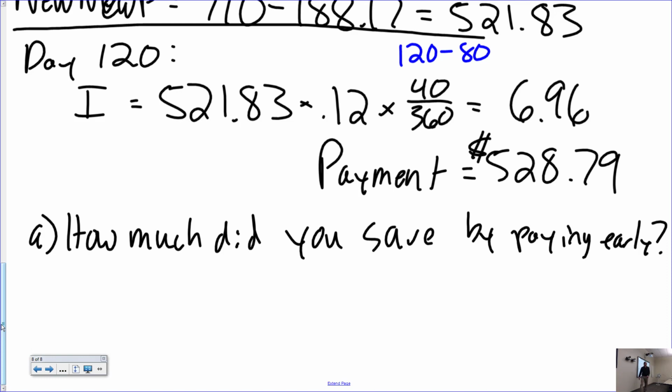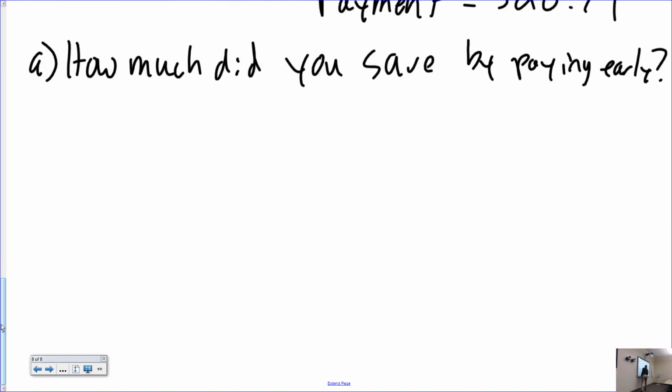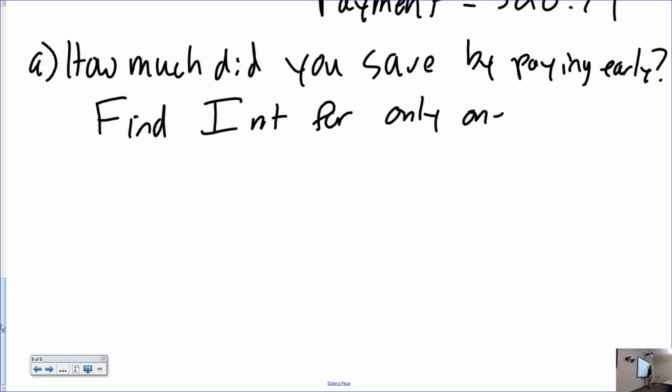How much money do you save by paying early? Supposedly you guys tell me that I will pay less if I pay early. Well, how much do I save? Probably not too terribly much, because the numbers are small. That's the first step: find interest for only one payment.